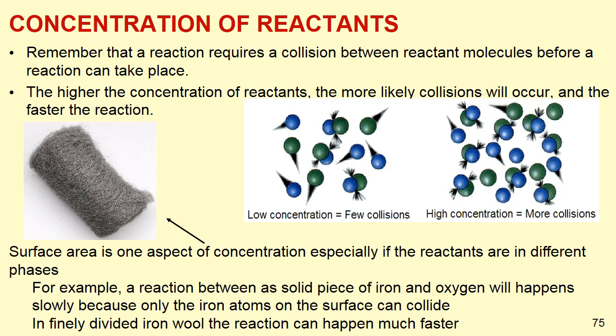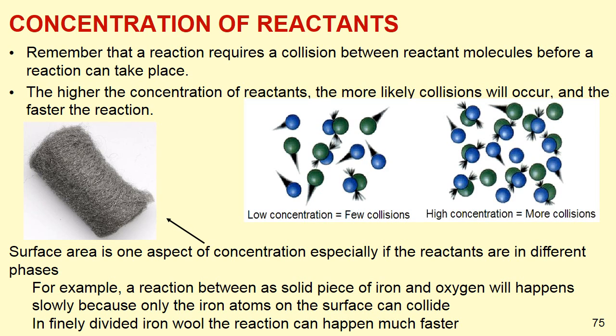The higher the concentration of the reactants, the more likely you'll have collisions, and the more collisions you have, the faster the reaction. You can see in the picture with the molecules, low concentration has a few collisions. On the right, higher concentration means more collisions, and so reactions happen faster.